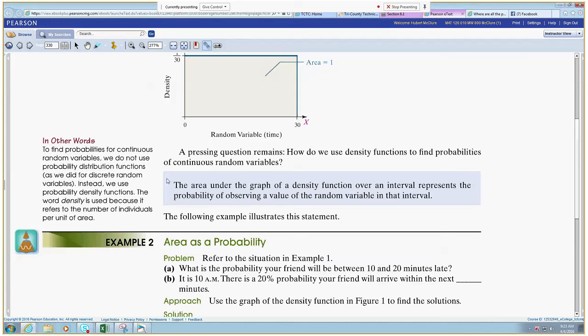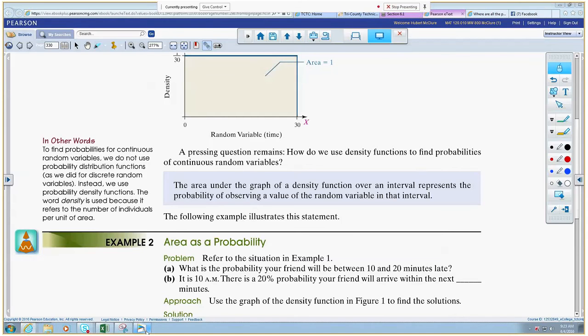Well, 10 is going to be, trying to find the picture, there we go. 10 is going to be right in here, 10, 20, 30. So we'll make 10 be right here, and 20. There, 10, 20.